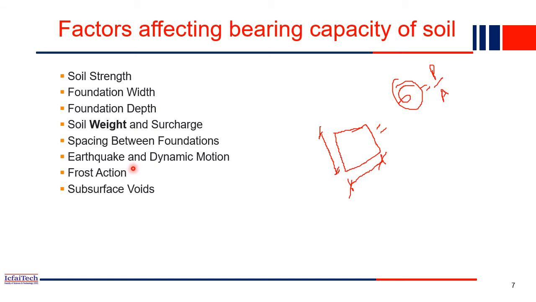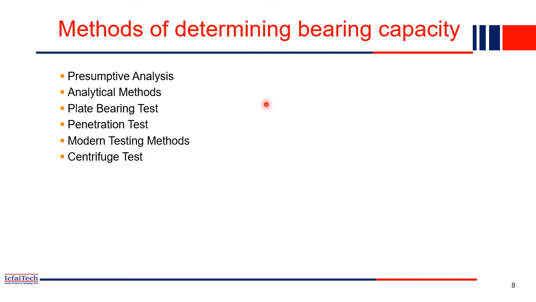These may also affect the bearing capacity of a soil. Similarly, subsurface voids. If the soil has more pores, more voids, this also reduces the bearing capacity of a soil. So all these parameters are very much important. We have to judge them to find out the bearing capacity of a soil.